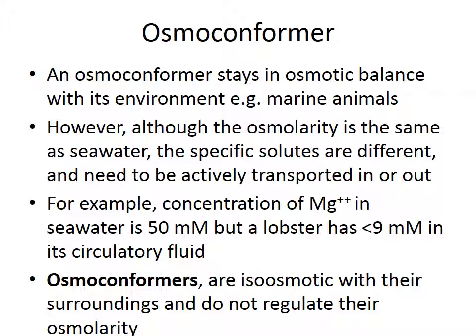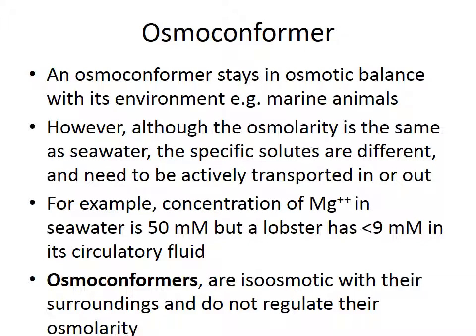So an osmoconformer stays in osmotic balance with its environment, like marine animals do. However, although the osmolarity is the same as seawater, the specific solutes are different and need to be actively pumped in or out.